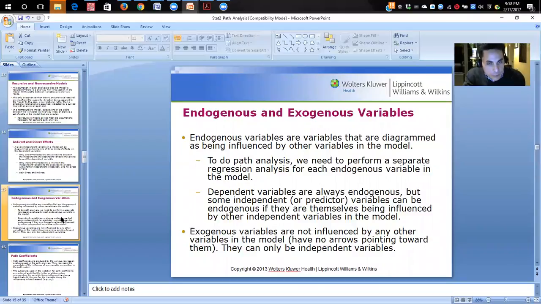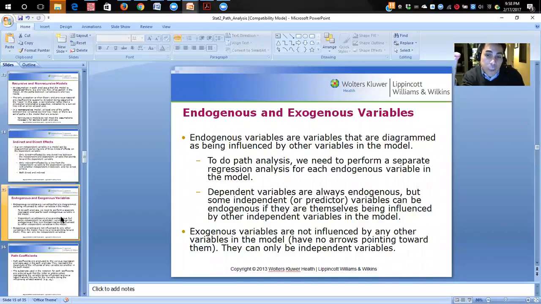So these are our outcome variables. But some independent, or predictor, variables can be endogenous if they are themselves being influenced by another independent variable.